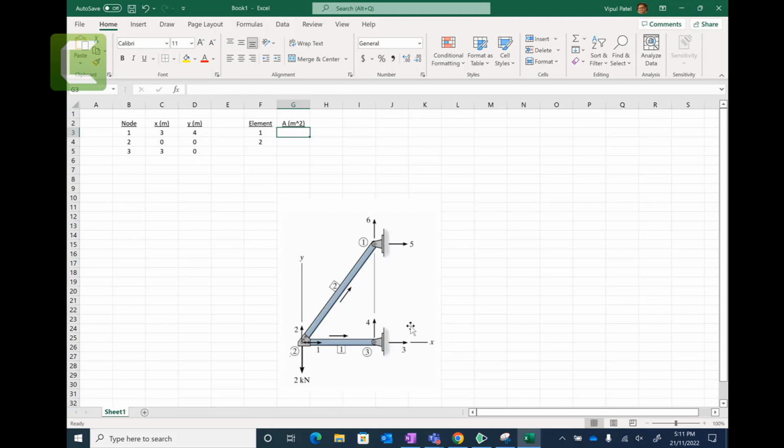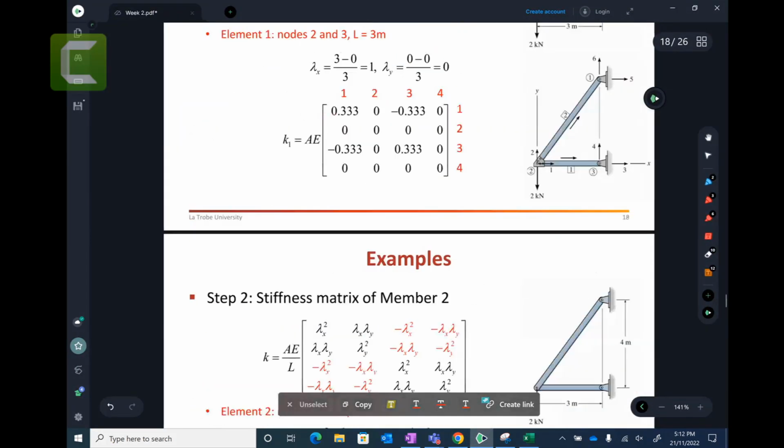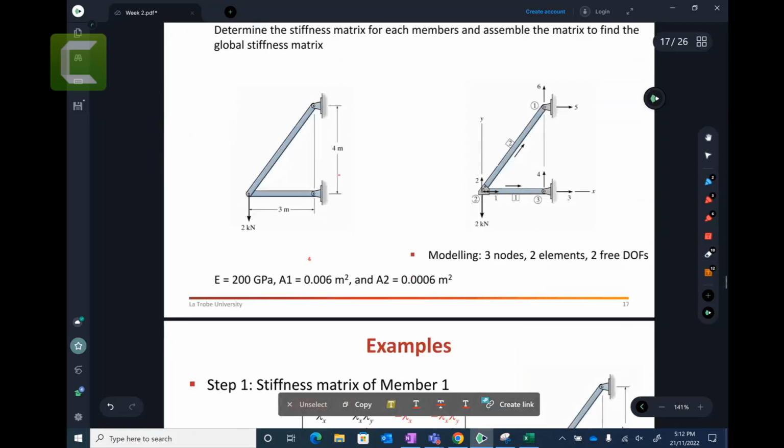Area of element number 1, let's say 0.006. I think it's given in our examples, and 0.002. Here you go, area of the one 0.006. I think it is 0.0006.